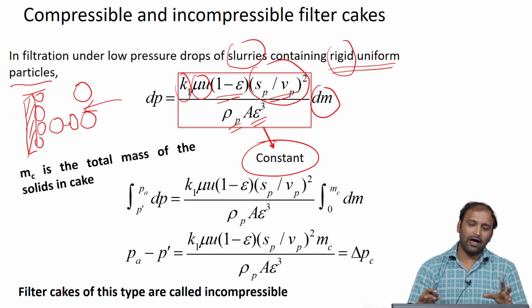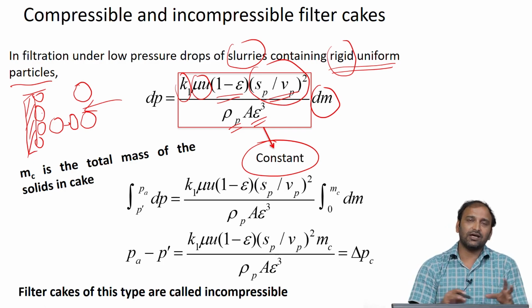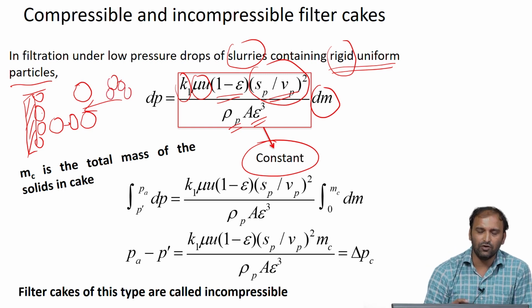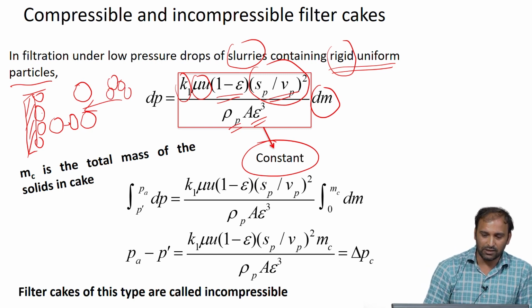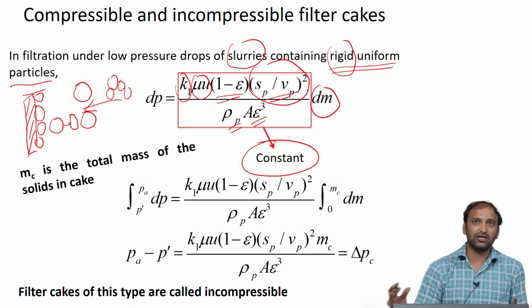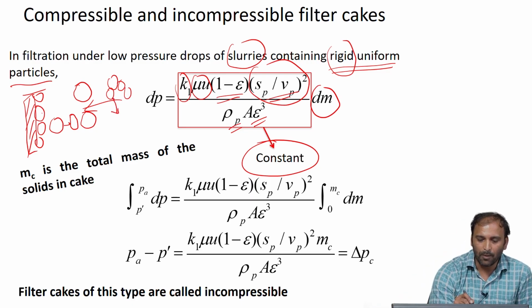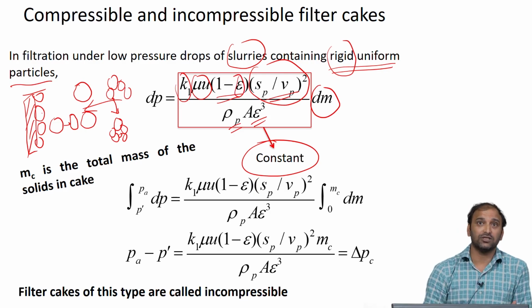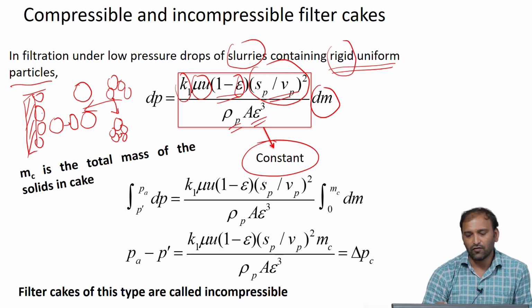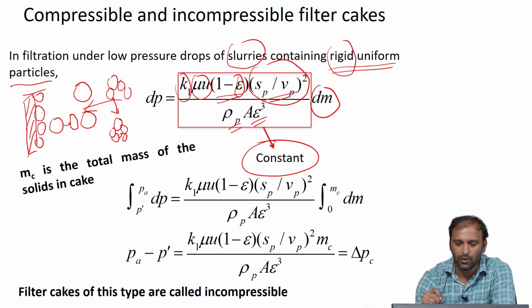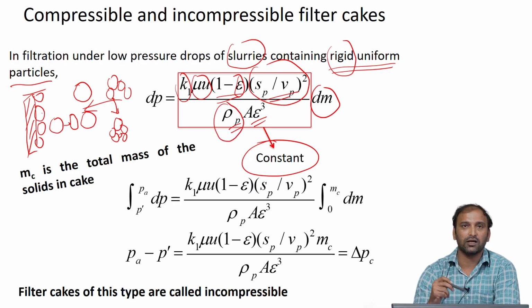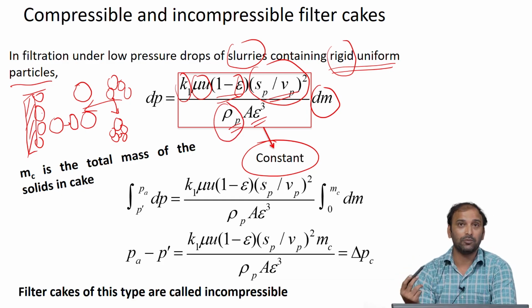Similarly, if you have a slurry which contains loose flocs, for example aggregates of particles, there could be some compaction of these aggregates during filtration, which could lead to changes in the porosity. And if you're working with rigid particles, you could assume rho p to be constant.